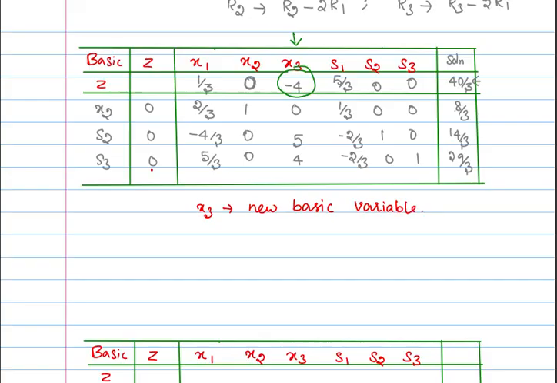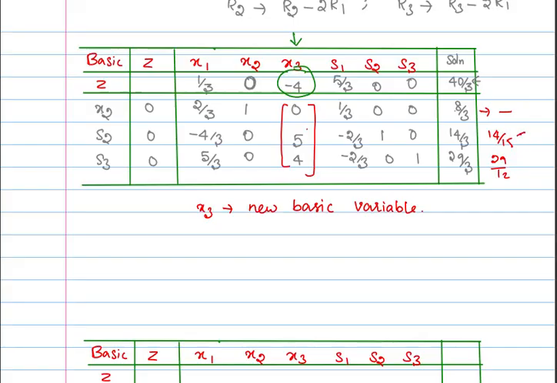So I want to move one of the basic variables to non-basic, correct? The same idea: I divide this column by this column. 8 divided by 0 is infinite, so no need to calculate. 14 divided by 3 divided by 5, you will get 14 divided by 15. Here it is 29 divided by 12.